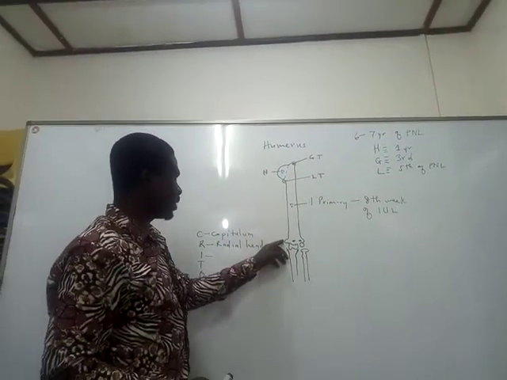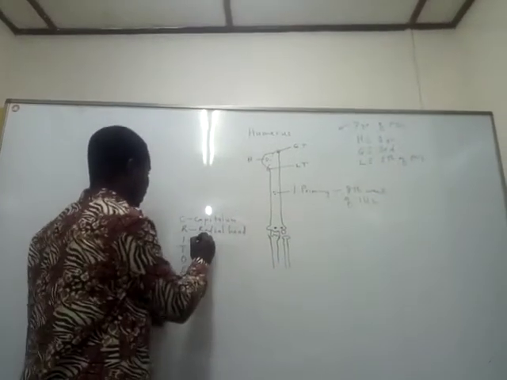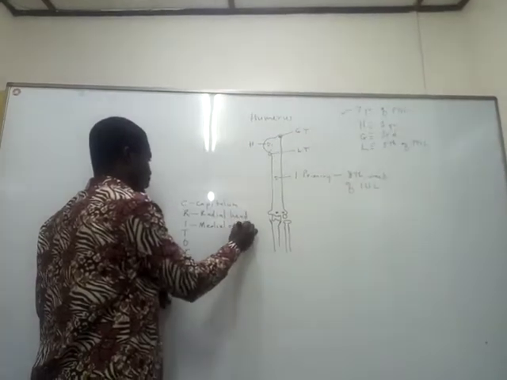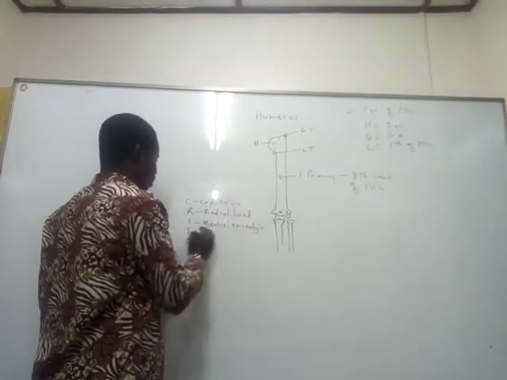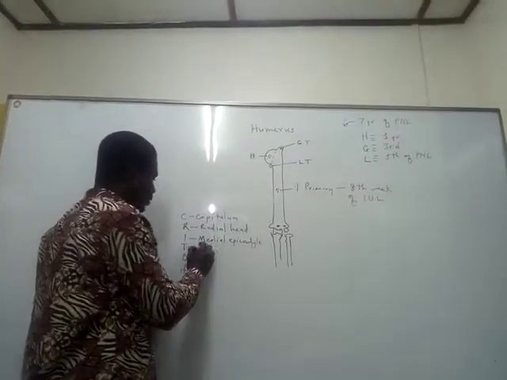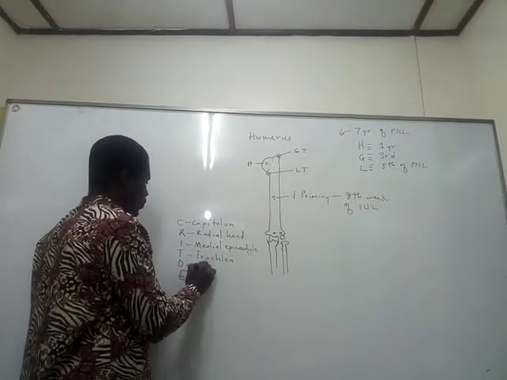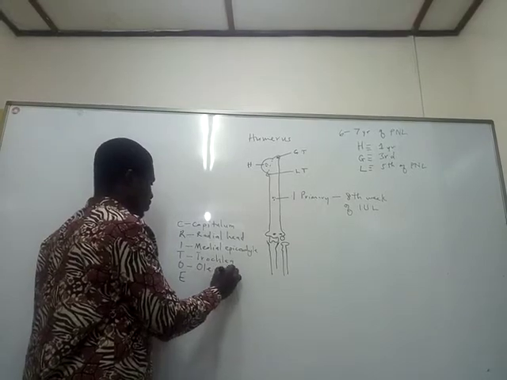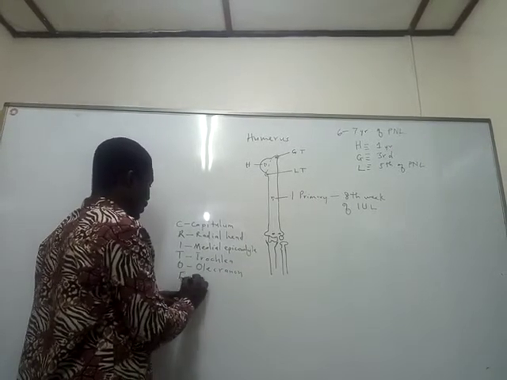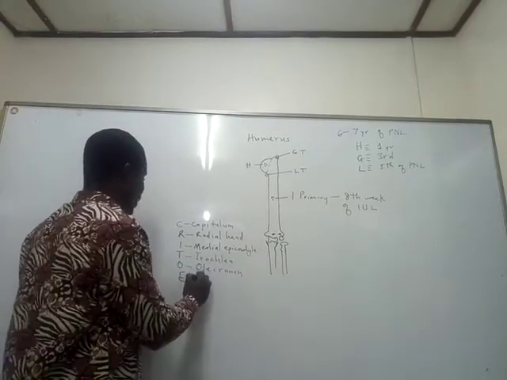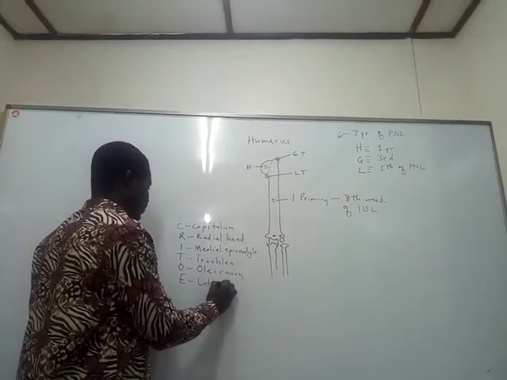Now when we say internal epicondyle, we are looking at the medial epicondyle. T for trochlea, O for olecranon, or you can call it the olecranon process, and E for external epicondyle. The external epicondyle is actually the lateral epicondyle.